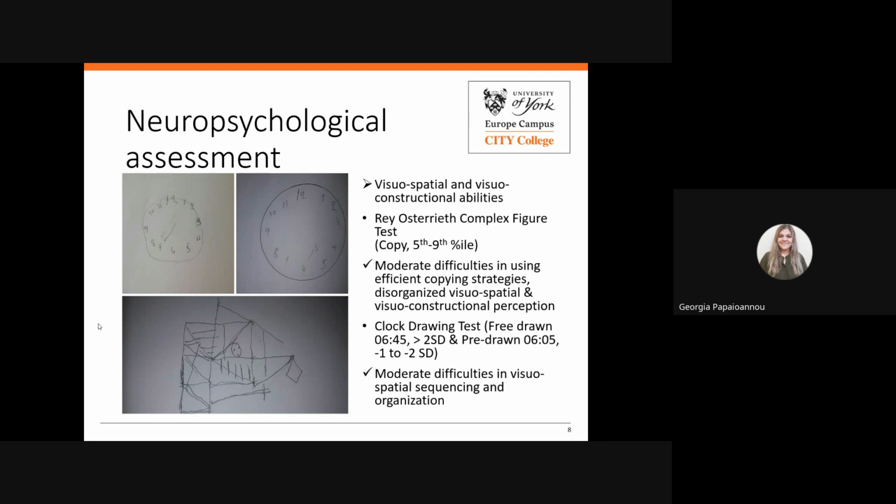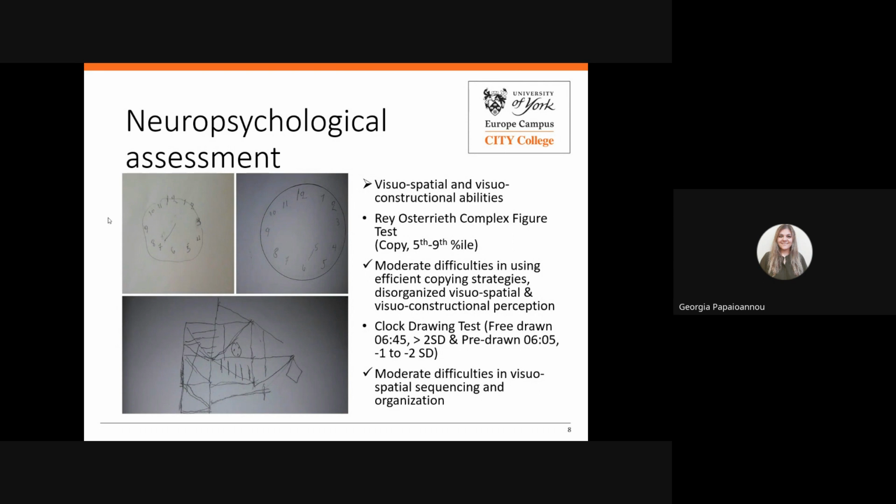And also, from the clock drawing test, as we can see the first two conditions here, the same difficulties were reflected. Just to have a hint of this, the first one, the free drawn condition, has the patient being asked to draw a clock that has all its numbers, and they have to indicate with the hands the hour of 6:45.